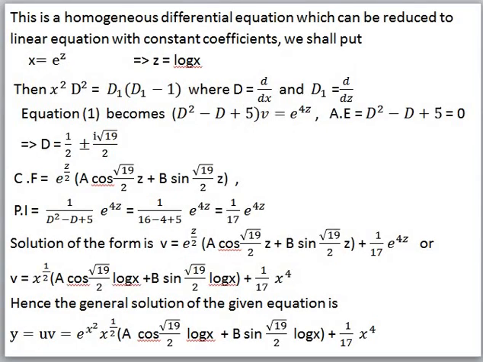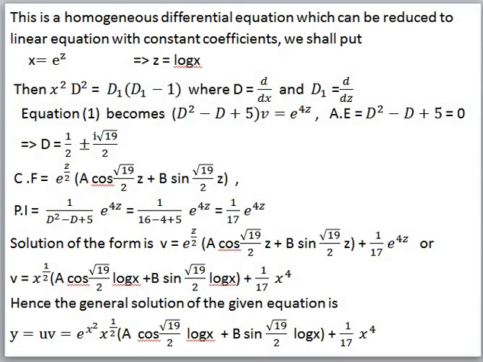This is a homogeneous differential equation which can be reduced to a linear equation with constant coefficients. We shall put x equal to e^z, which implies that z is equal to log x. Then x² d² is equal to D1(D1 minus 1), where D is d/dx and D1 is d/dz.